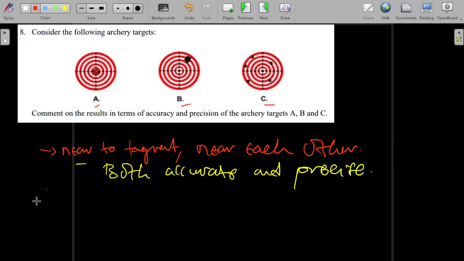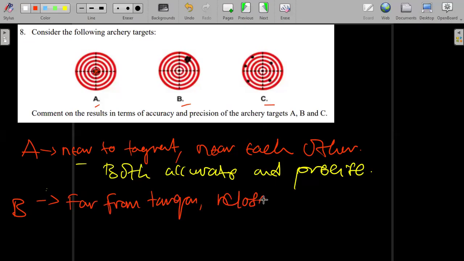And then what about B? So this was A, and then B. What we see is that the dots there are far from the target, but they are close or near each other. So what would be our comment on the accuracy and precision?